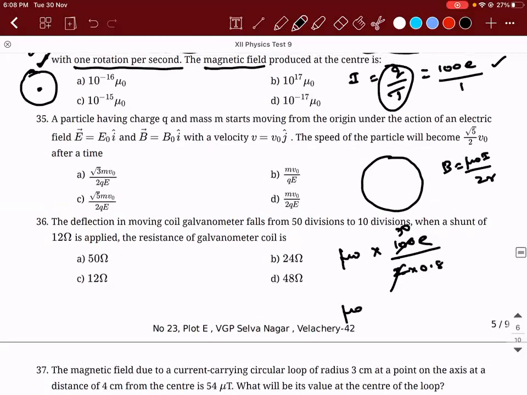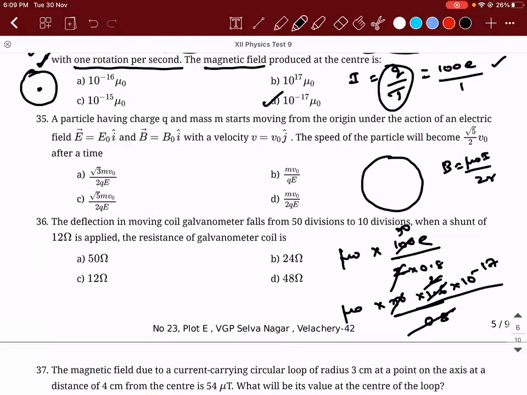E I can take as 1.6 into 10 power minus 19, the whole divided by 0.8. 0.8 into 2 is this thing. So 100, this will cancel, 10 power minus 13. Is there an option 10 power minus 13? Oh, that is minus 19. No, it becomes 10 power minus 18, minus 17 times mu naught. Is there an option? Option D.